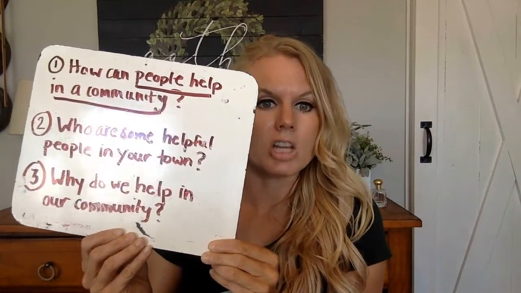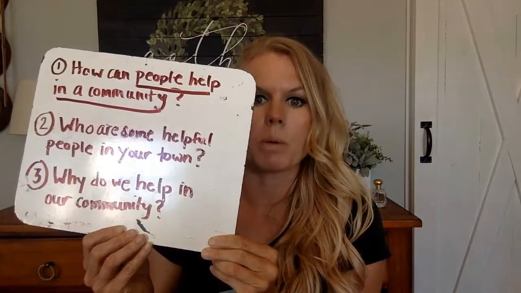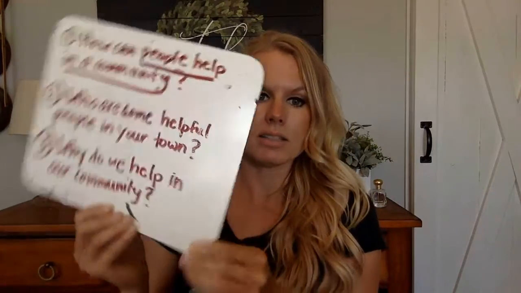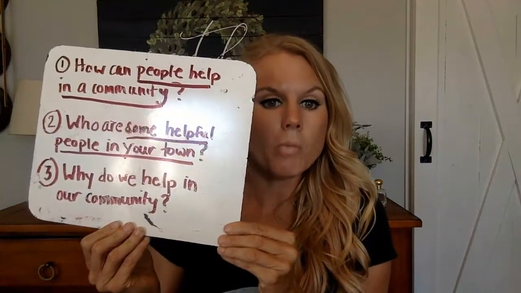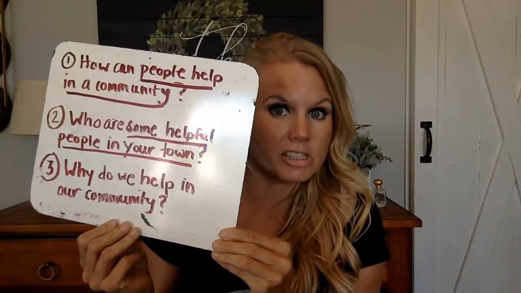So the second one is, who are some helpful people in your town? Now you're not going to go and answer this question. We're practicing recycling our words. So I would take the key words, some helpful people in my town are firefighters and police officers.